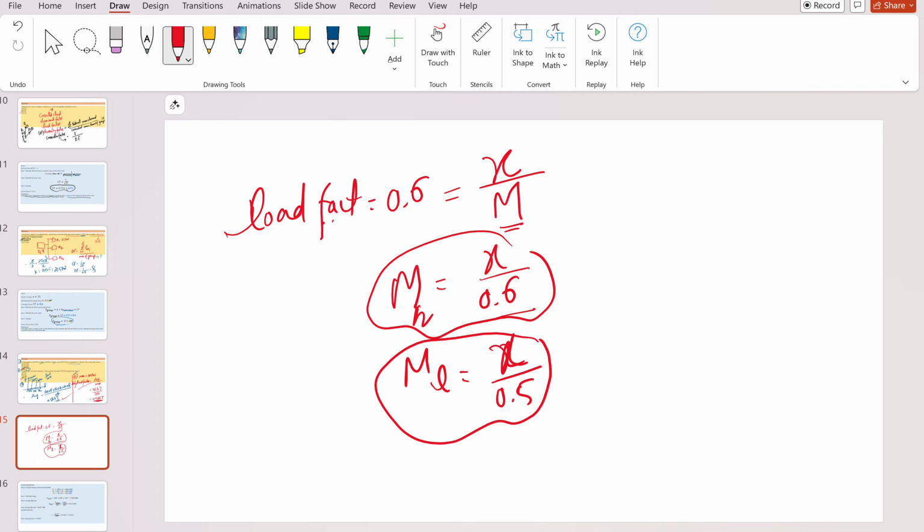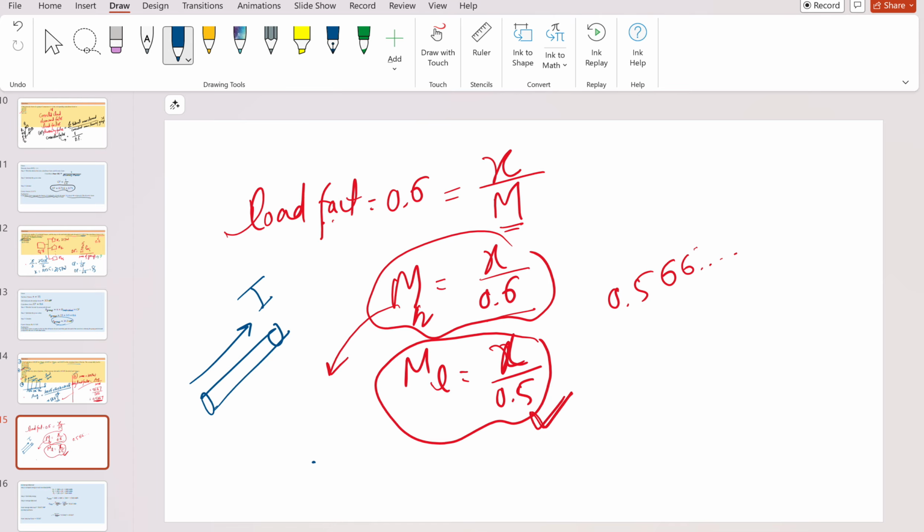Okay, so when you see the maximum demand which is being required, here which option should be carried? Our answer was coming 0.566 something. So which option to be taken? When you see the maximum side, here you will consider 0.5. There is a reason for that: when you have appliances, they have a current carrying capacity.